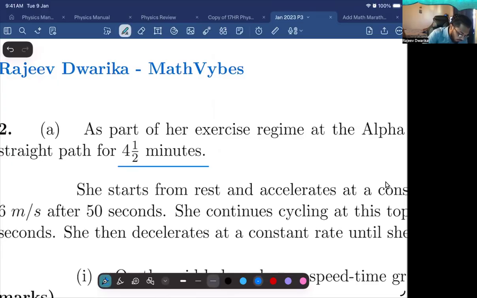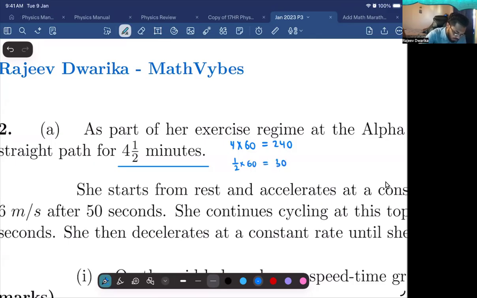Right. So if it's 4 minutes, how would I convert 4 minutes to seconds? Multiplying it by 60. Yeah, 4 by 60 is 240, sir. Right. And if it's half of a minute, it would be a half multiplied by 60, so that would just be 30.